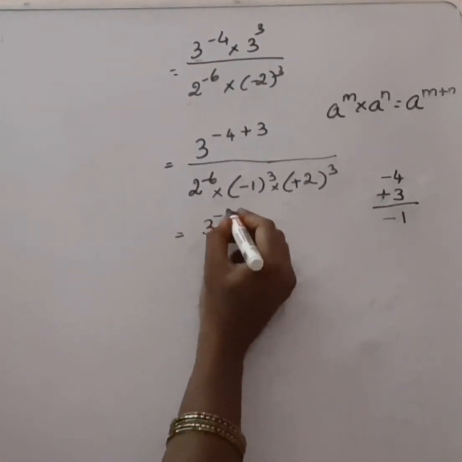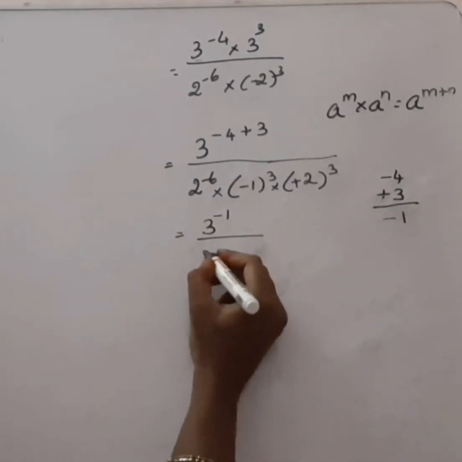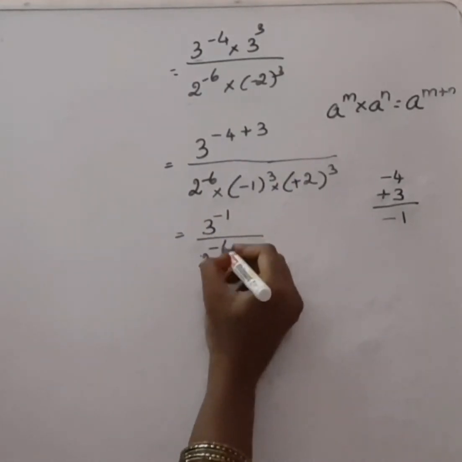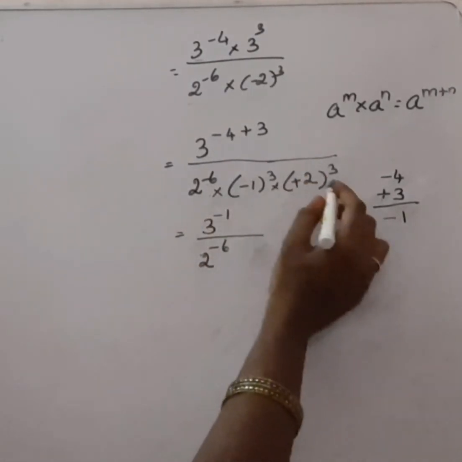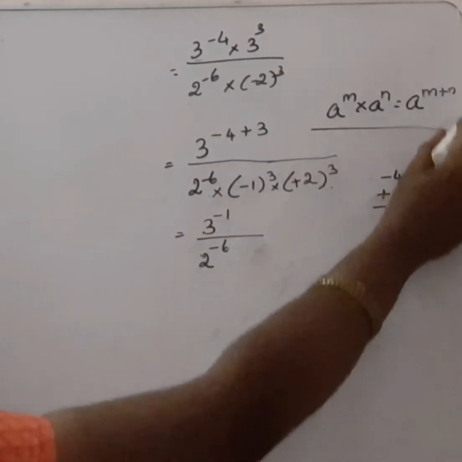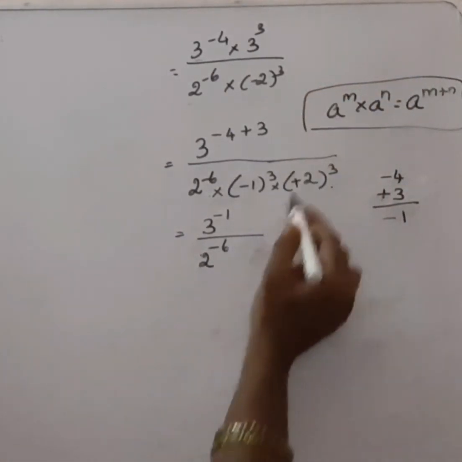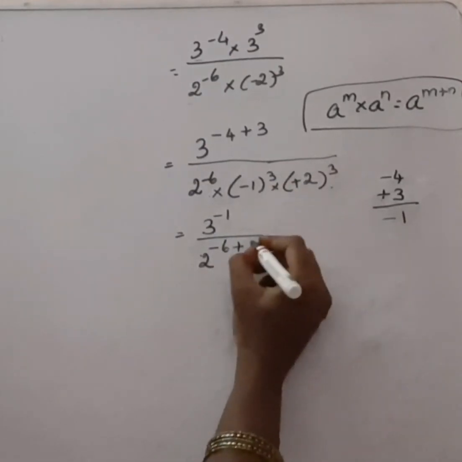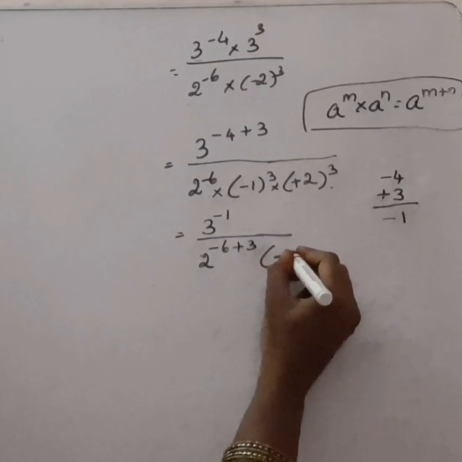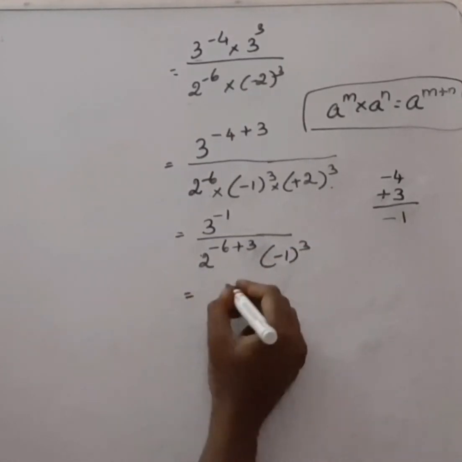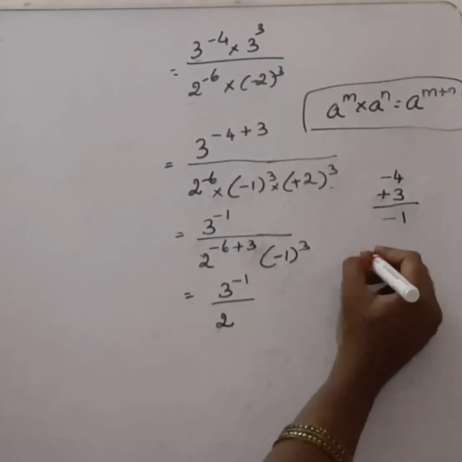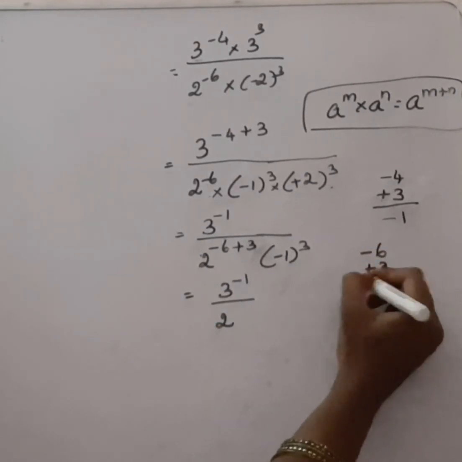So, 3 power minus 1 divided by 2 power minus 6 and 3, this is in multiplication. So, same property, apply here. The m value is minus 6 and the plus symbol, the n value is 3, and write (minus 1) the whole power 3 as such.